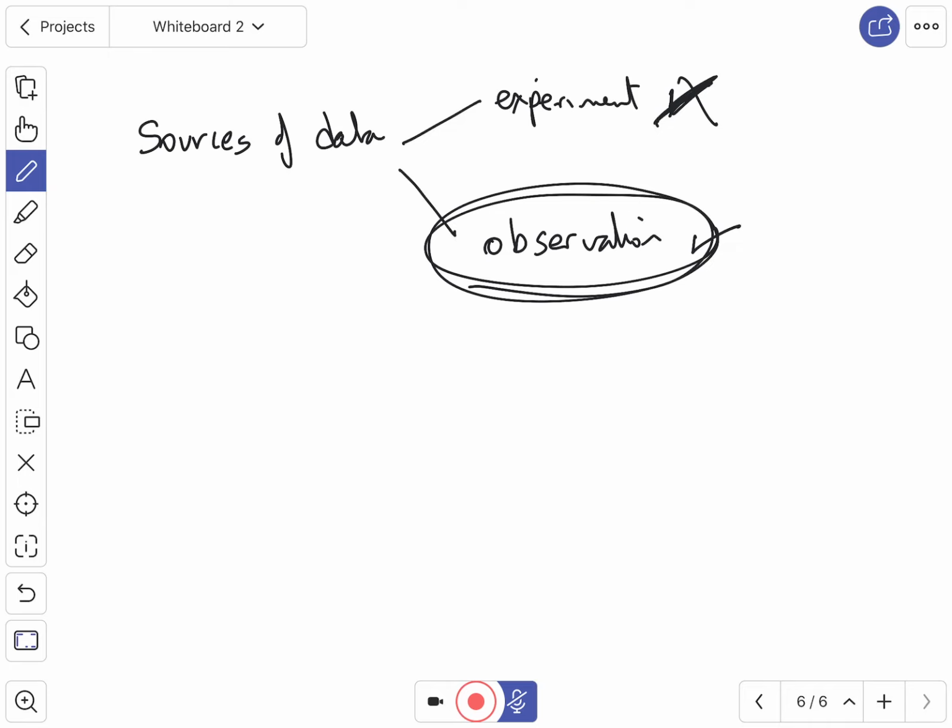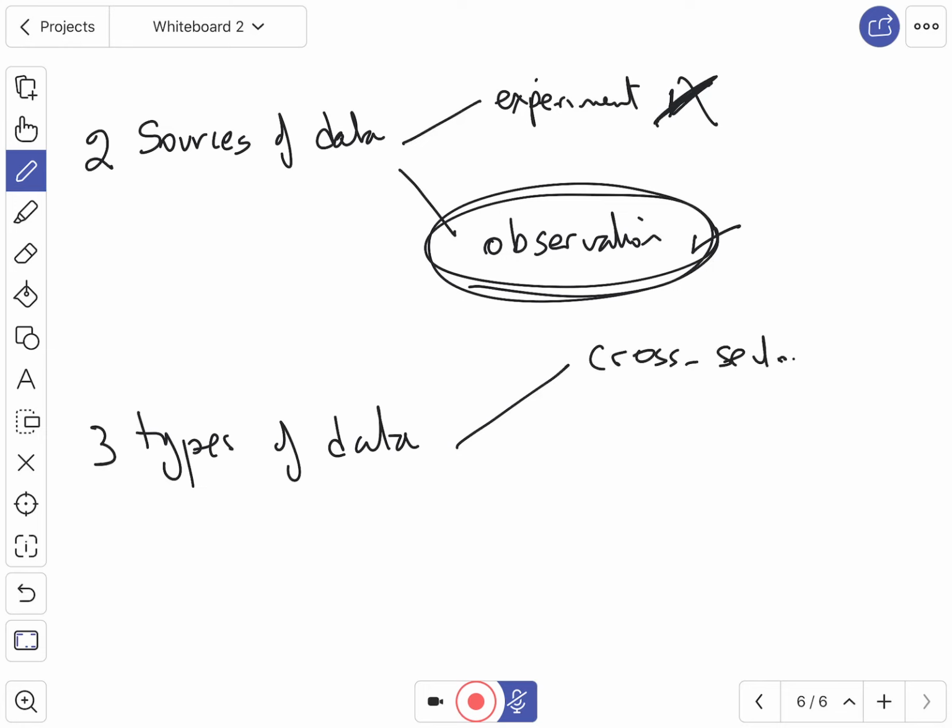The other thing that we discussed in the first chapter is the different types of data. Those are two sources, but we have three types of data: cross-sectional, time series, and panel data.